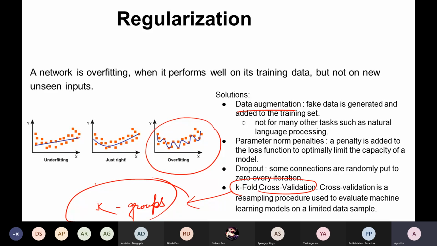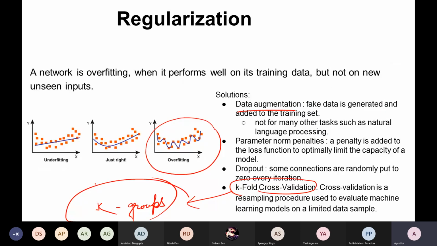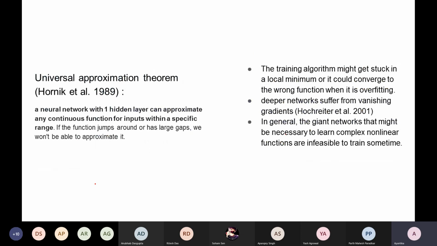That way you are resampling and modifying your training set, testing whether your model is working fine or not, and making it free from overfitting. So these are a few options when you are trying to handle overfitting issues in your model.